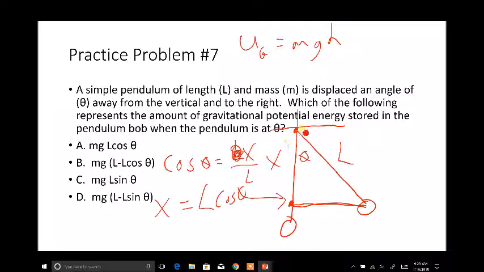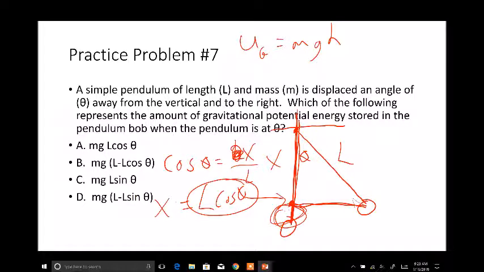Well, now this cable here was the entire length of the string, and what we ended up doing is lifting it this much. So to find that, we're simply going to take the total length of the string, L, minus this piece of that string length, L cosine theta.